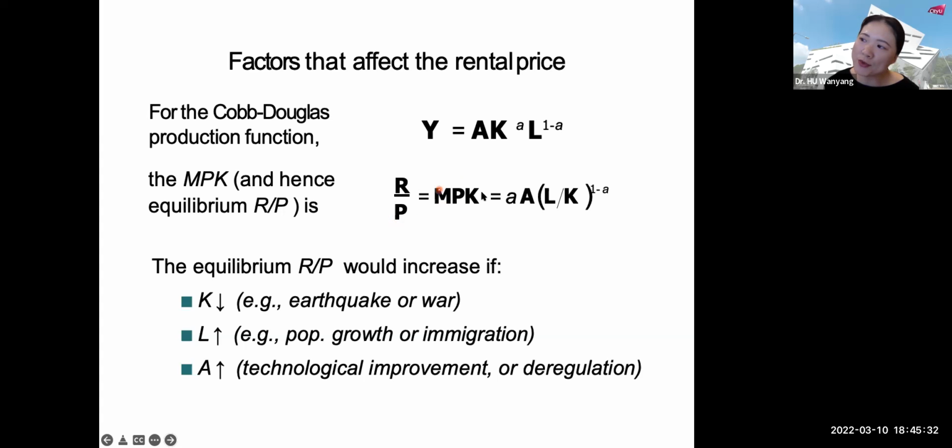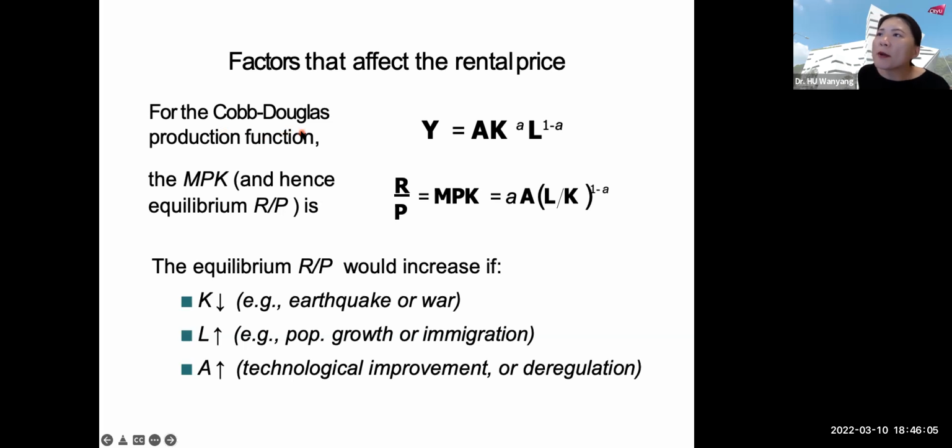But now we want to further derive the marginal product of capital, the MPK, from the Cobb-Douglas production function. This is just the definition of marginal product of capital: the additional product generated by the last additional unit of capital. We can get this from the production function.